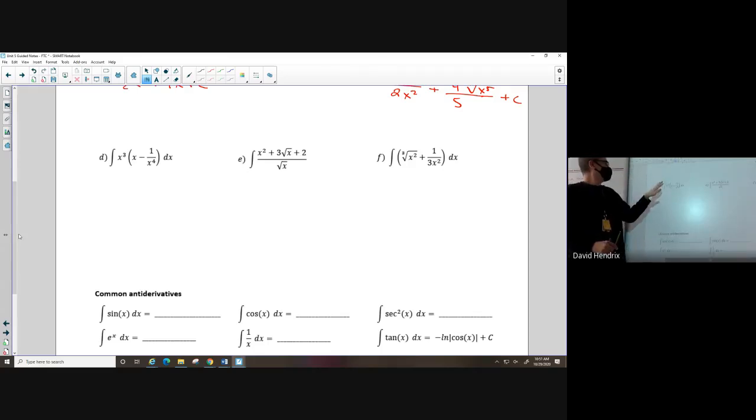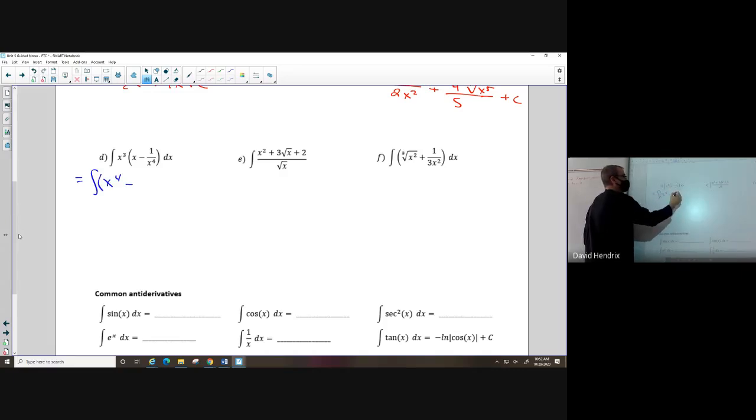But what you're going to have to realize is we need to simplify this first before we take the antiderivative. So we're going to say this is the same thing as the integral of x to the 4th, and then minus, what is this going to be? Distributing. Okay, so distribute and simplify it.